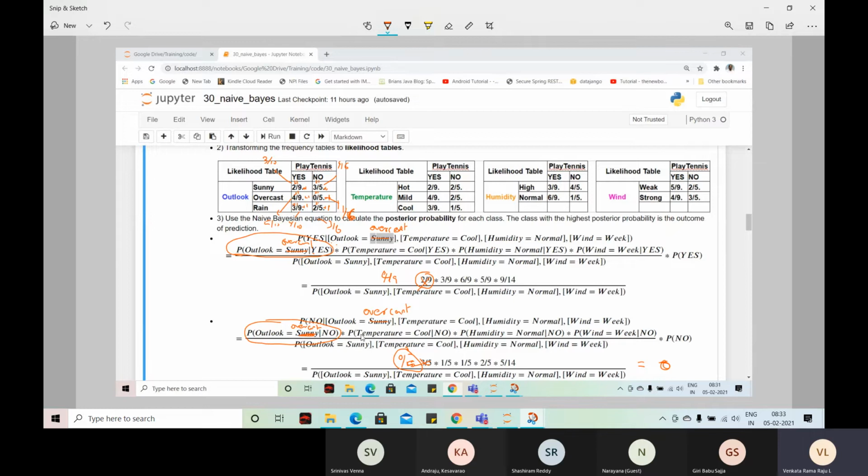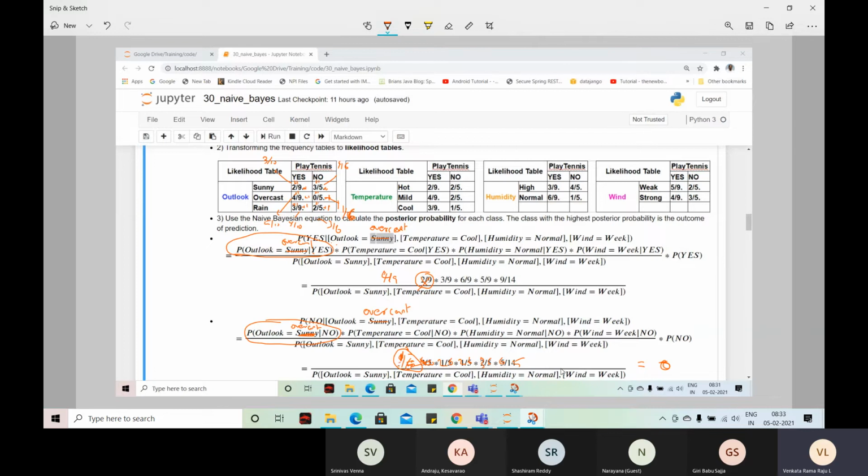After applying Laplacian correction, we will not get zero probability here. 1/6 we will get here. These are all sixes. These are all 4, 2, 2, 6, 6, 3, 6. This is going to be 6/15.